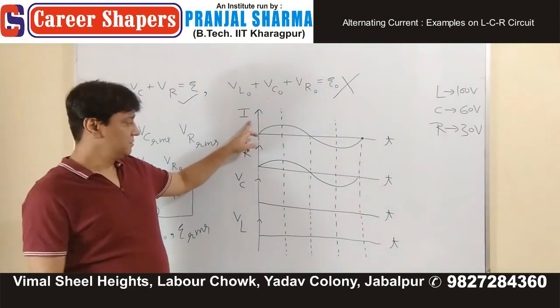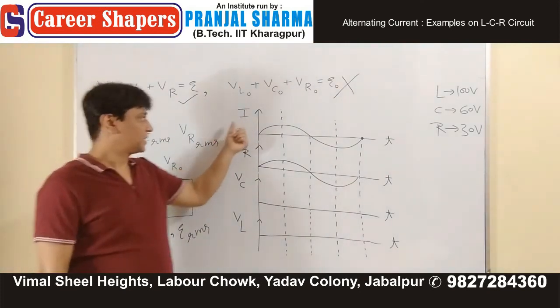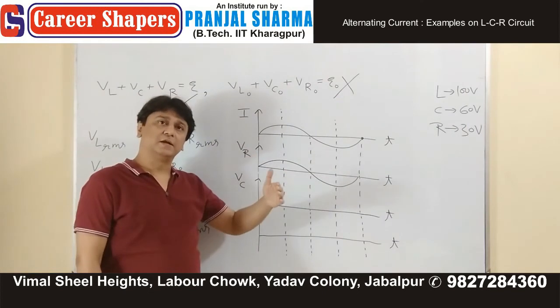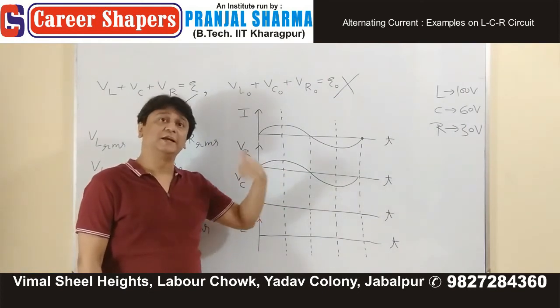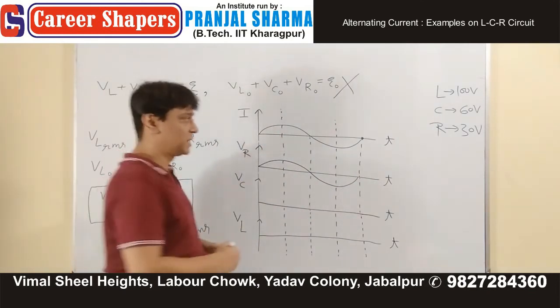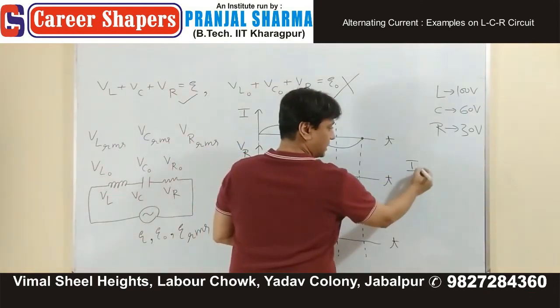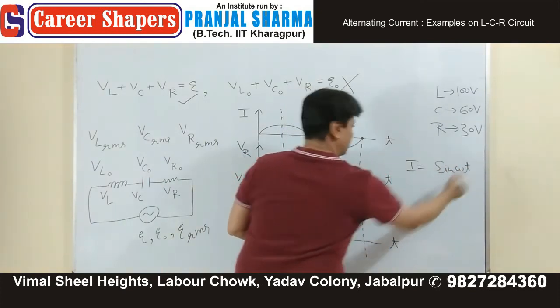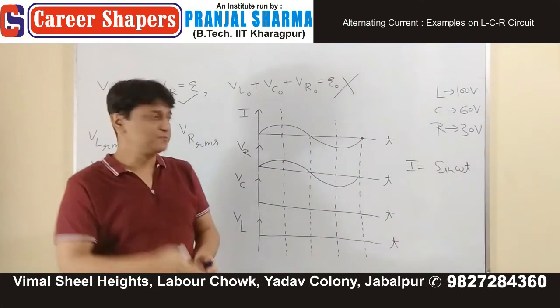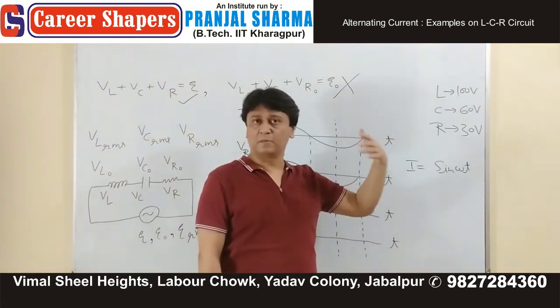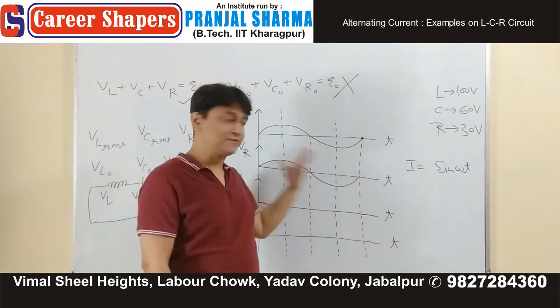So this is I, and you know that for a capacitor, current is something which leads. So current is leading. What is current? Current is some sine omega t. We are interested in the phase part, we are not interested in the peak values. So forget about the peak value. I'm teaching you how to draw these curves fast.